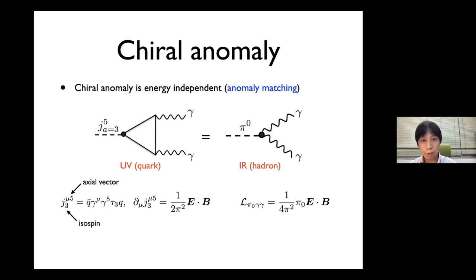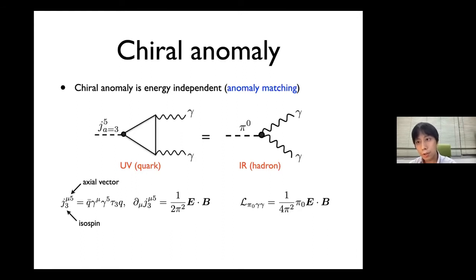But due to the quantum effects described by this kind of triangle diagram, this axial current is no longer conserved. And the violation of this axial current conservation is proportional to E dot B. So this is the chiral anomaly. Now, the chiral anomaly has a very important property: it is independent of the energy scale, and this is exact at any energy scale.